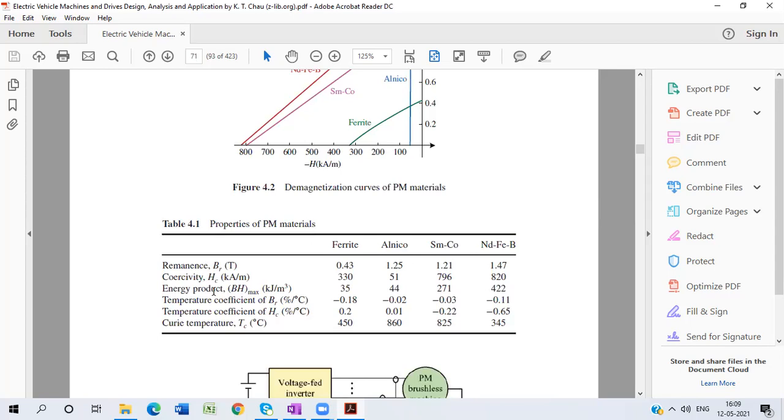There is a list of numbers and figures, but for example, in the last column you can see the Curie temperature. From this you can conclude which material will withstand less Curie temperature. Curie temperature means what? Karthik, already I told you. Can anybody, Toye or Karthik, give the answer? What is the meaning of Curie temperature?